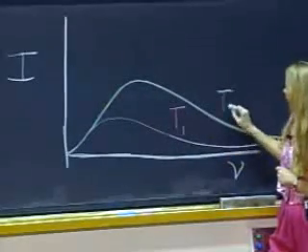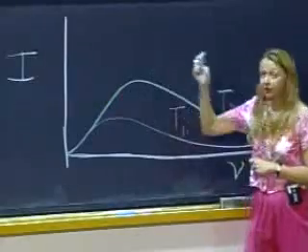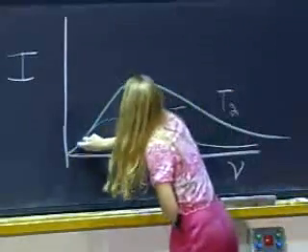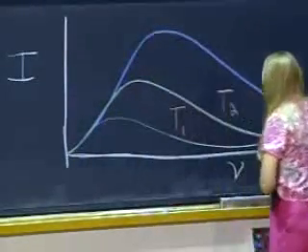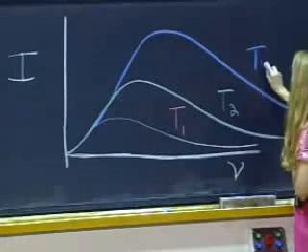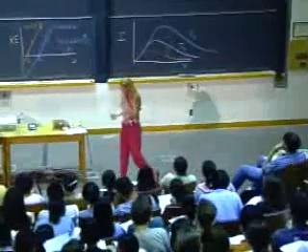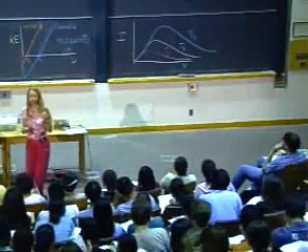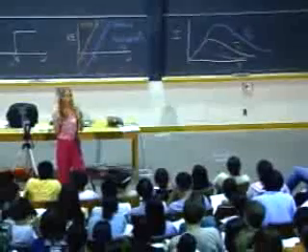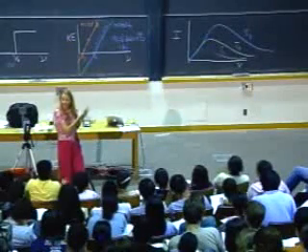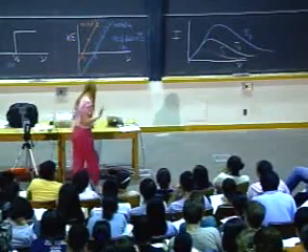This is a higher temperature. Intensity goes up. You increase the temperature some more, and you get even higher frequency. So T3 is the highest temperature. And that's what the data were.